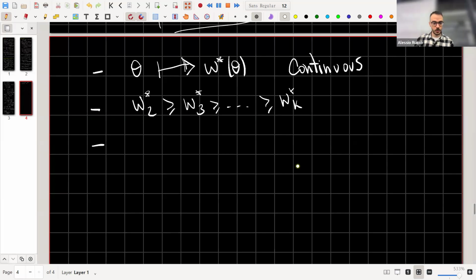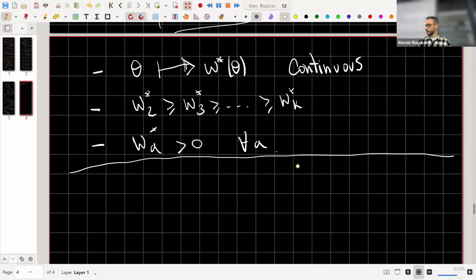Yes, and also obviously the Ws are all strictly positive. Okay, I will not do the derivation of this because it's too long. Let's see if at the end of the lecture we still have time. But for now, before the break, I would like us to derive some approximations for the Gaussian case.